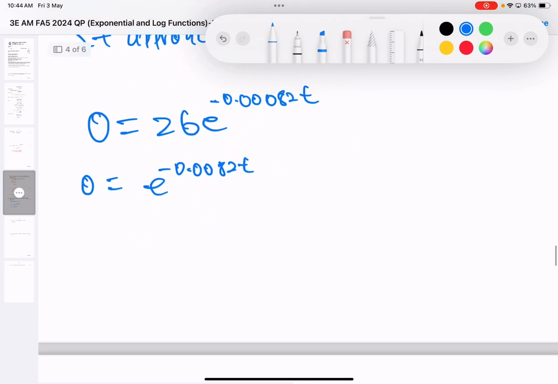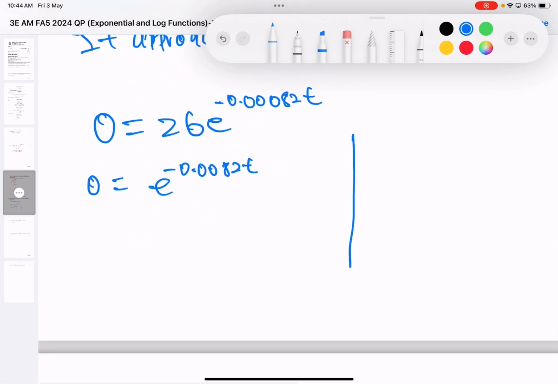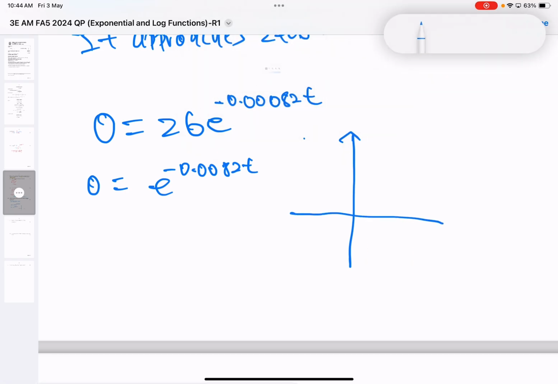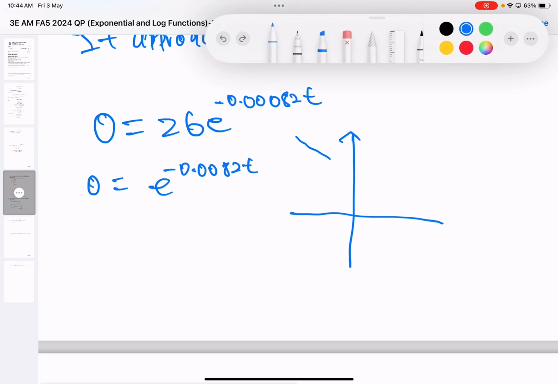I'll give you another reason, graphically. The graph is going to look like this. This is the y, this is the x. Here is going to be 26.